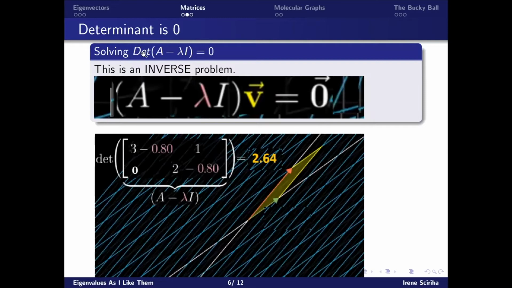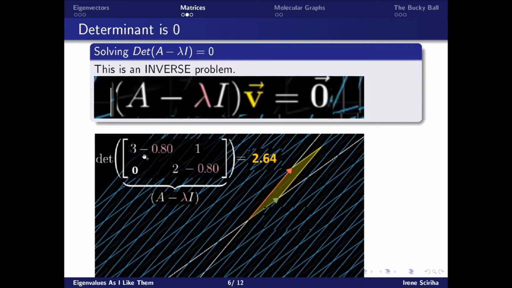So solving determinant equals 0 is an inverse problem. Why? We have two unknowns here, lambda and V. So what you can do is, over here, I am drawing these axes, which are the columns.